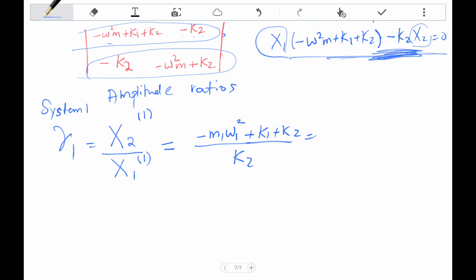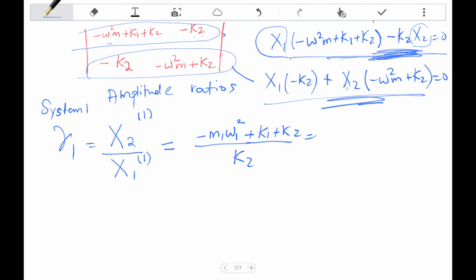Now if you rearrange this equation here and solve for... that's your system number 2. We're going to rearrange this equation and solve for x2 over x1. You will end up with k2 over negative m2 omega 1 squared plus 2k.